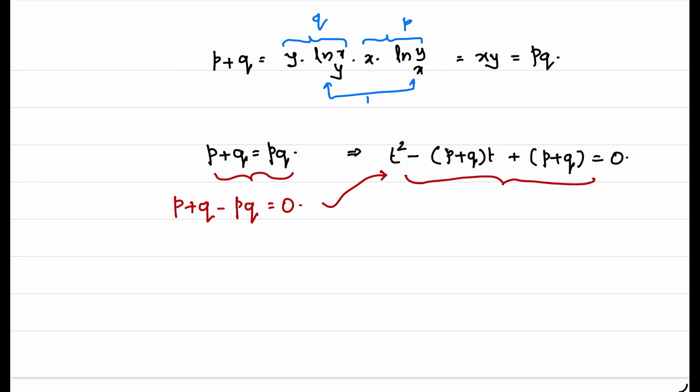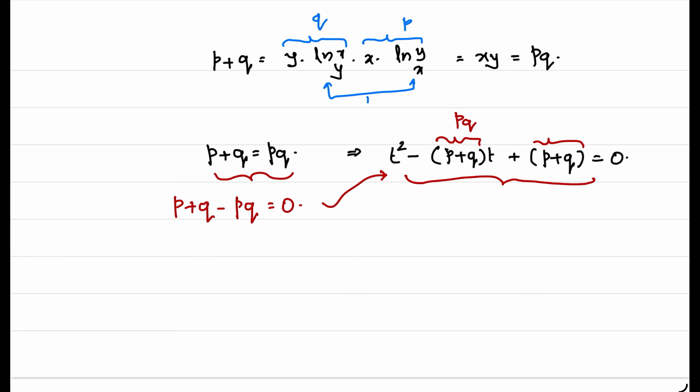PQ we have replaced with P plus Q. The sum of the roots of this equation is PQ, the product of the roots is equal to P plus Q. Product is PQ, sum is P plus Q. And we have replaced both of them with P plus Q because PQ is equal to P plus Q. It's a quadratic equation.